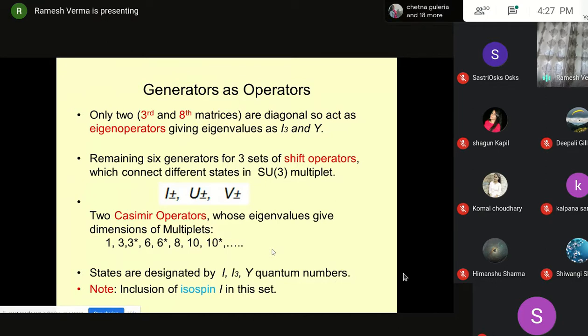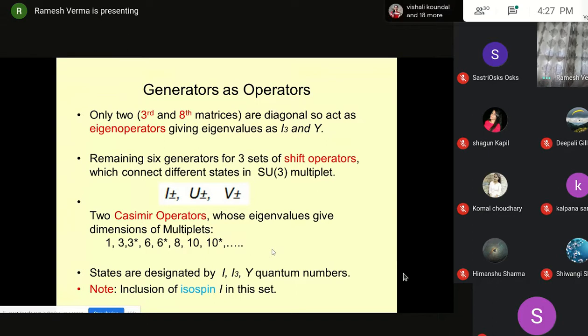One more thing, there is a 3 and 3 star. What does it mean? 3 star is actually conjugate to 3. Loosely speaking, not exactly, somewhere it is something like contravariant and covariant vector, but the contexts are different, and we shouldn't confuse the thing because we are living in a complex vector space.